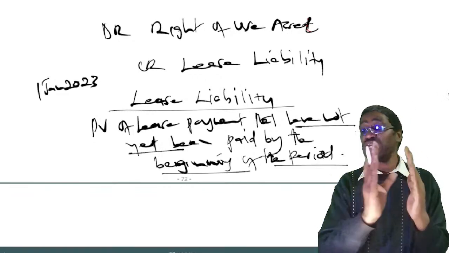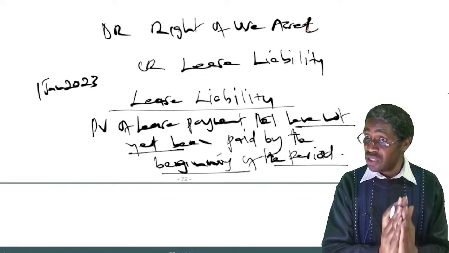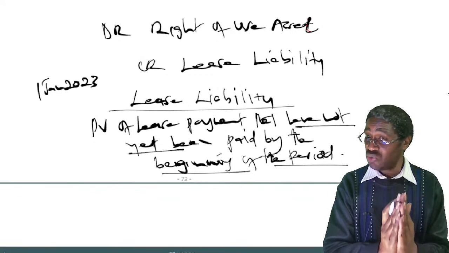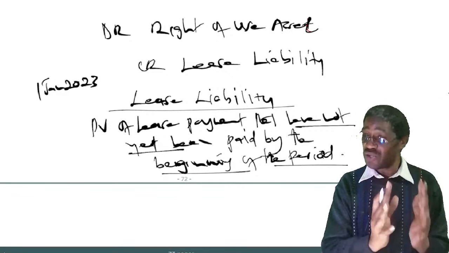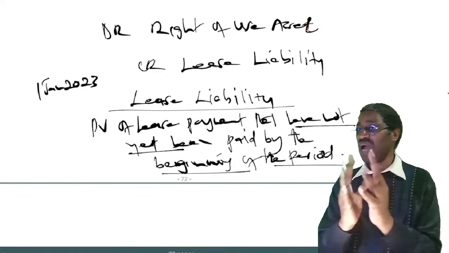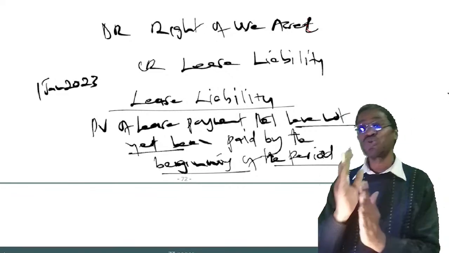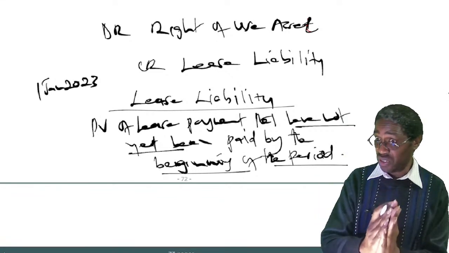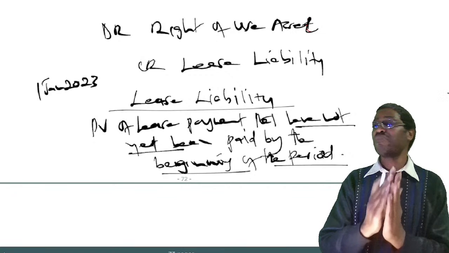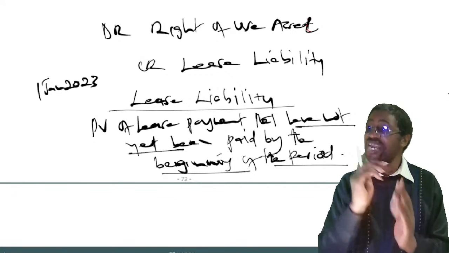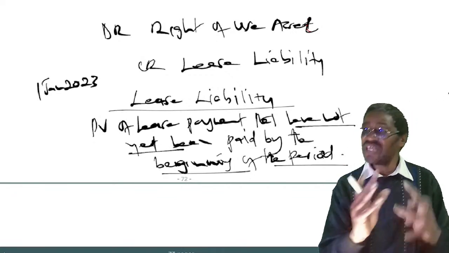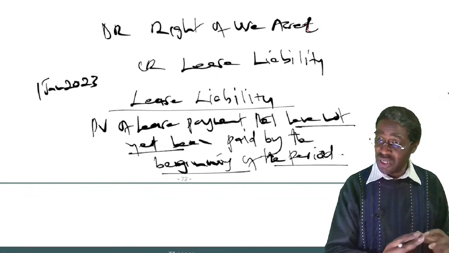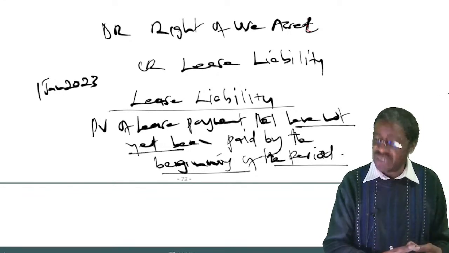So if you are paying your installments in advance, then how many more installments do you have to pay? No, if you are paying your installments in arrears, you have 10 installments to pay because you'll be paying at the end of each year. The first one will come at the end of this year. Okay? Good. But if you are paying your installments in advance, then the first one has already been paid by now.